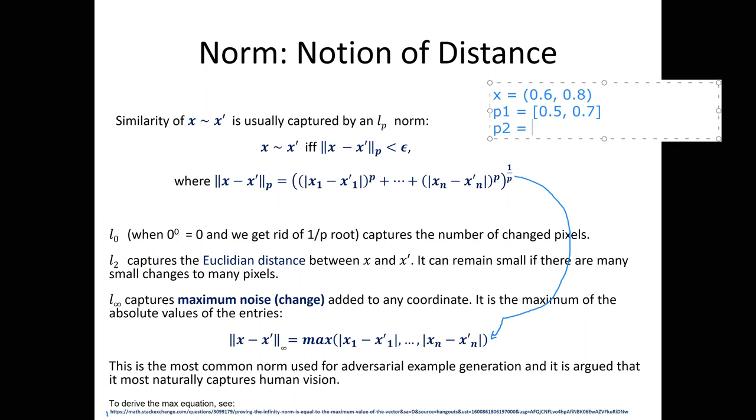And then P2 is going to range between 0.7 and 0.9. So P1 and P2 are now intervals, and they capture all of the images that are within L infinity distance of at most 0.1 from the input x here.